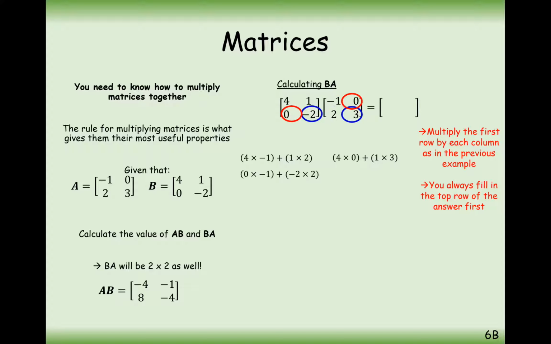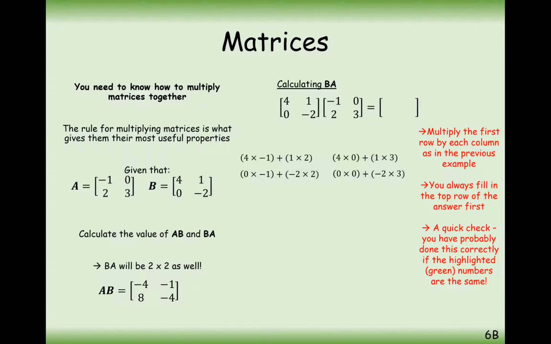The next one here for the bottom right is going to be the bottom row and the right-hand column, so lower going across and down. It's 0 times 0, add -2 times 3, and then do your calculations and work out the answer, and it's -2, 3, -4, 6.